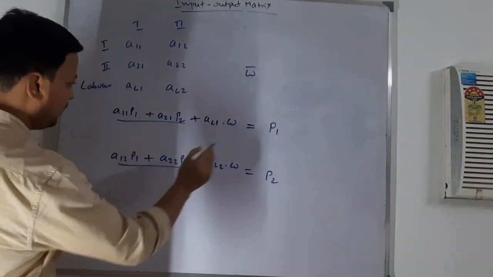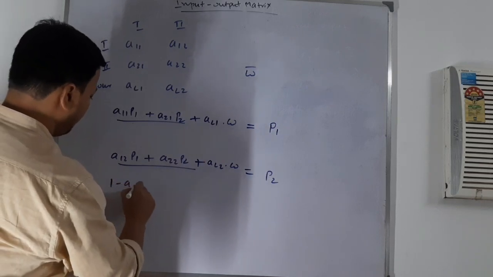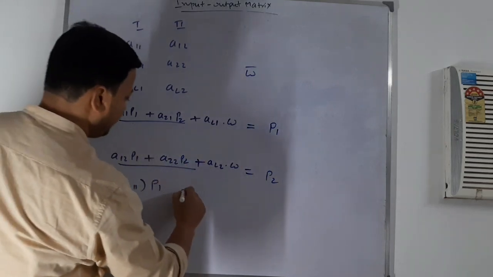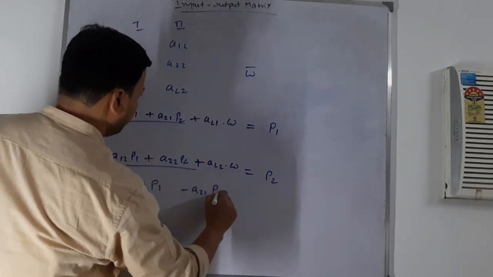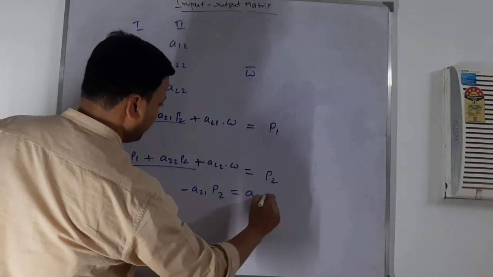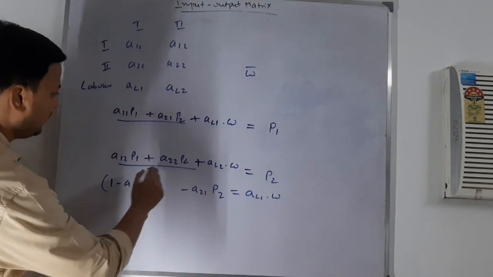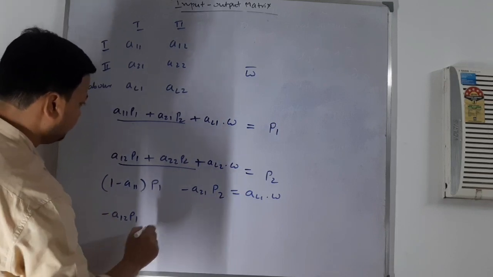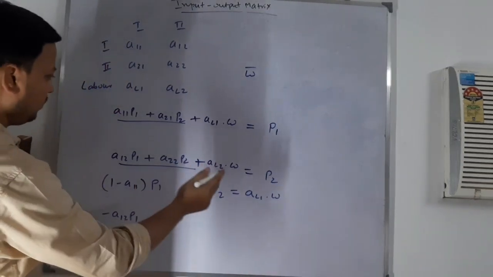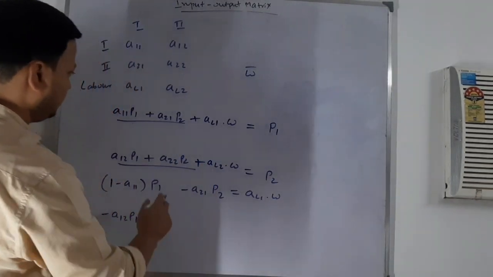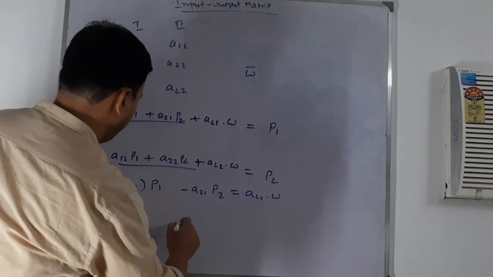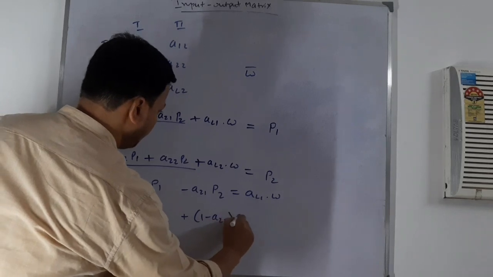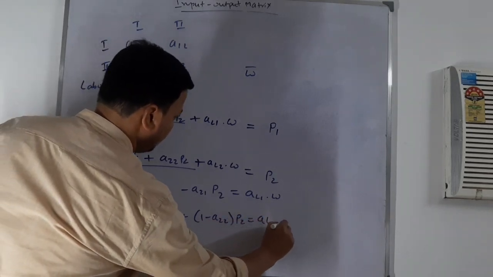I take this to that side, so it will be 1 minus A11 into P1, minus A21 P2, equal to AN1 into W. And this will be minus A12 P1, then this term will go there, and it will be plus 1 minus A22 P2 equal to AN2 into W.